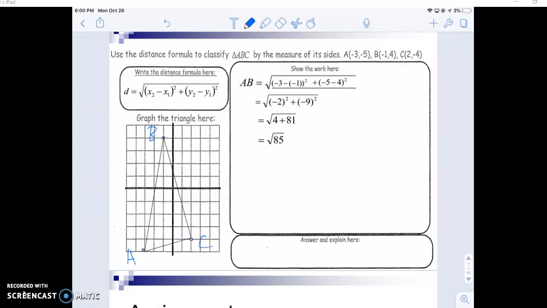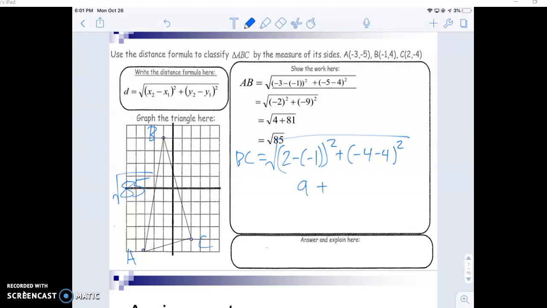So, the measure of AB is square root of 85. I'm going to write that. Next, we can figure out the length of BC. BC equals, using the distance formula, x2 minus x1, so 2 minus negative 1, squared, plus negative 4 minus 4, squared. 2 minus negative 1 is 2 plus 1, which is 3. 3 squared is 9.